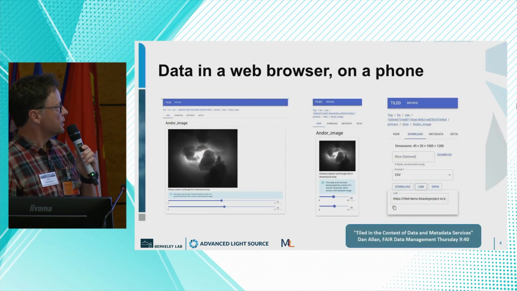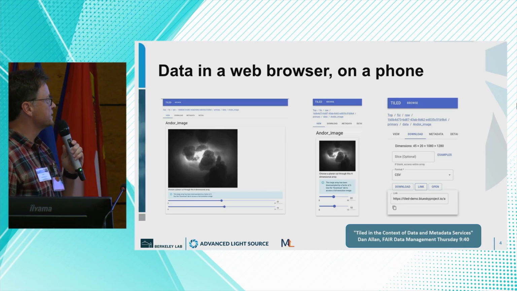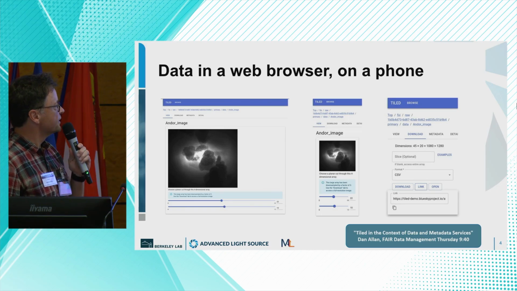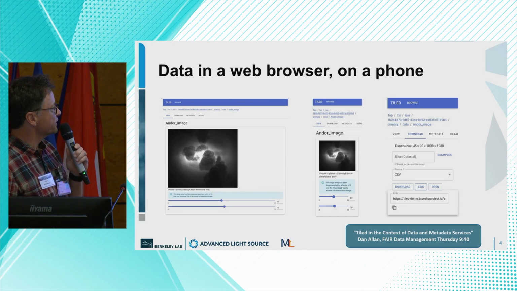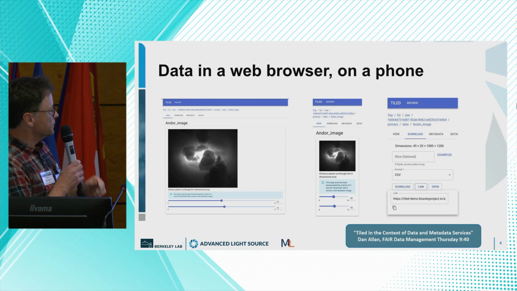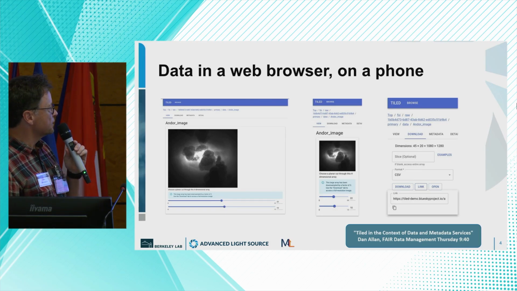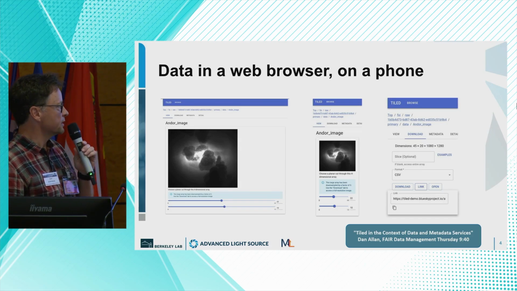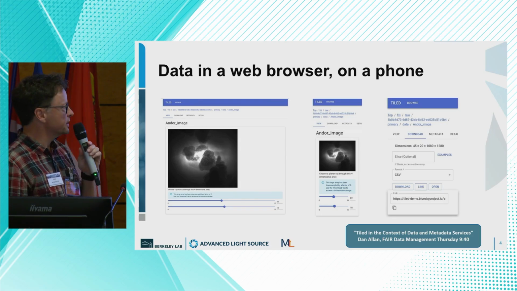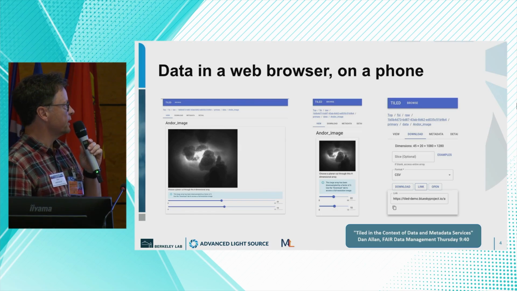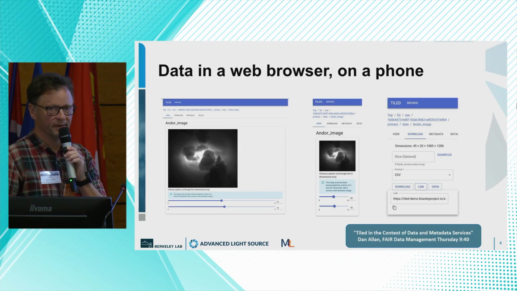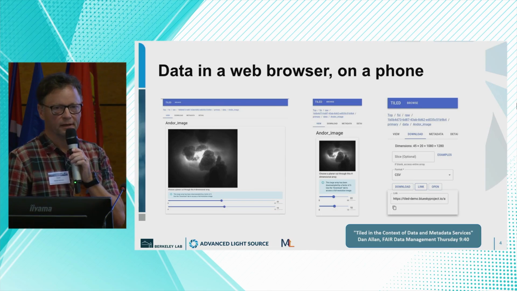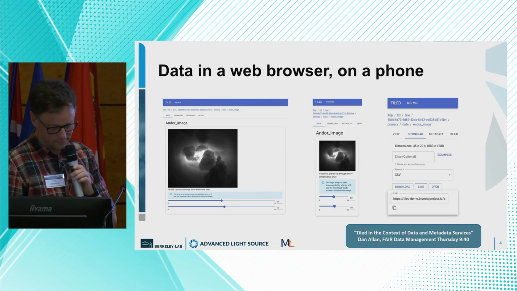And it comes with a very nice web application that lets you browse through your data and do some very simple visualizations. One of the things that you might notice here is that Tiled automatically does some transcoding between the native format, whether it was in TIFF files or HDF5 files, and, if requested, can provide web-friendly formats. So it does the decoding or transformation in real time.